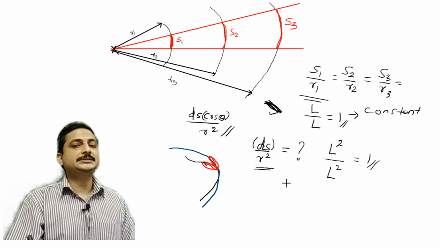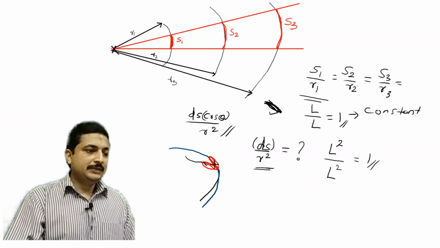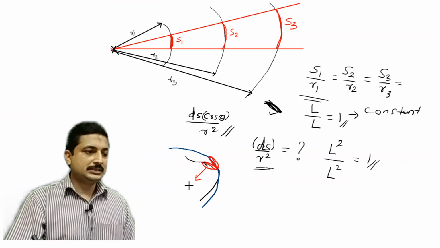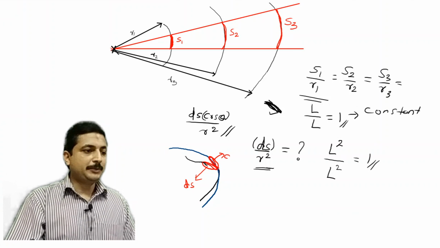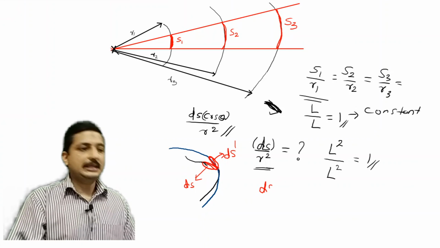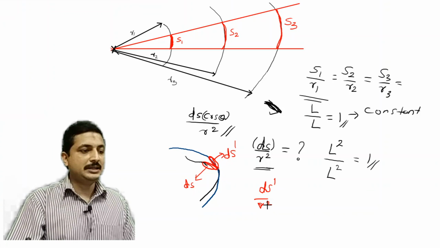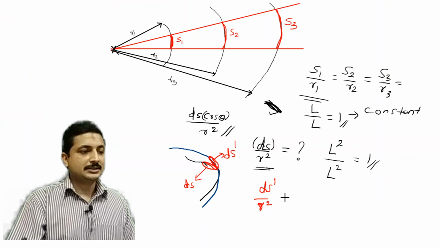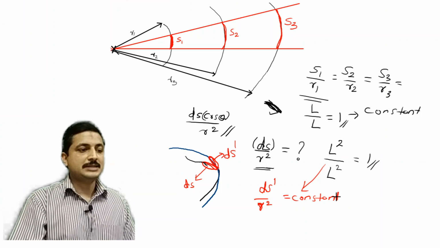That means if this is ds as we have considered, this will be the projection of ds, which will be considered as ds dash. So what I can say is ds dash by r square is a constant.